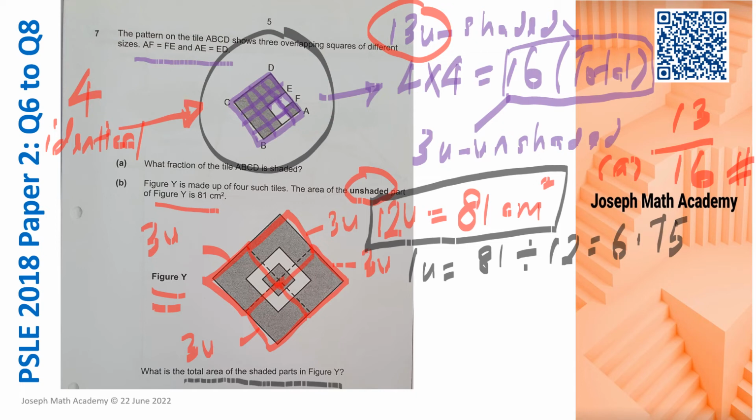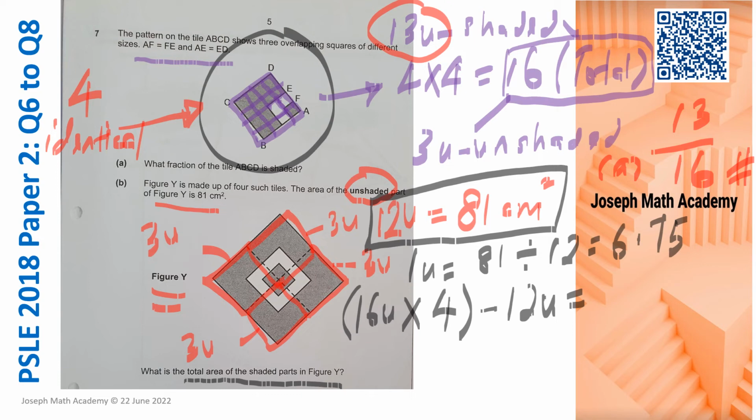Okay, and part B is asking you, what is the total area of the shaded parts in figure Y? Now, figure Y has a total of 16 units, and there are 12, give me a minute. Okay, not 16 units. Figure Y has 4 groups of 16 units, and 12 units are unshaded.